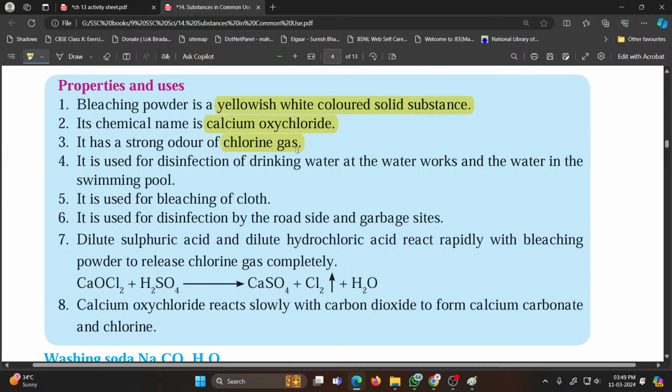Whenever bleaching powder is exposed to air, chlorine gas is released in the air. It is used for disinfecting drinking water and water in swimming pools, for the bleaching of cloth, and for the disinfection of roadside and garbage sites.